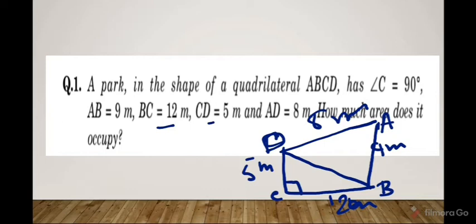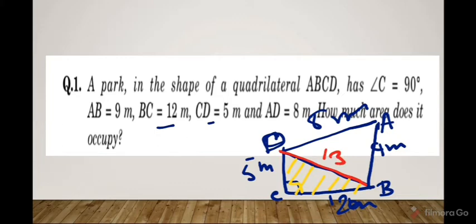When you join this BD diagonal, the BCD triangle will become a right angle triangle because angle C is 90 degrees. By using the Pythagoras theorem, you can find the value of BD, which will be equal to 13.